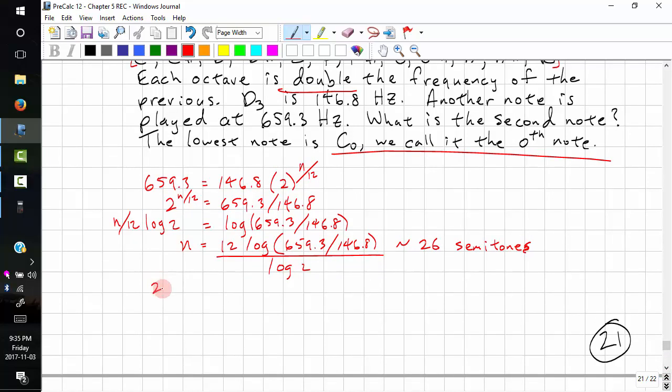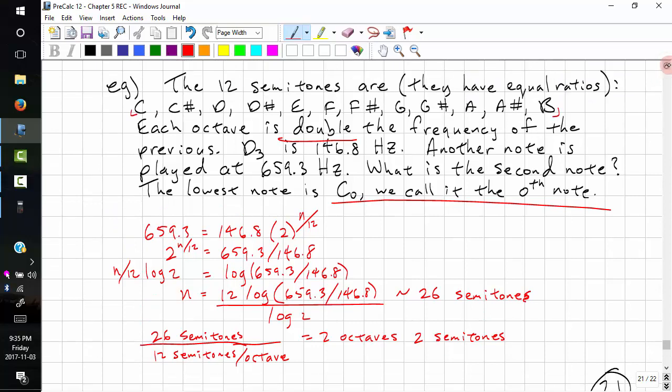Now we need to take the 26 semitones. We divide this by 12 semitones per octave. And we get 2 octaves. 24 is 2 octaves, and we get 2 semitones remaining. So we have to count.